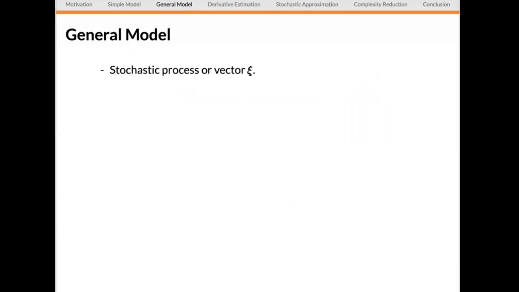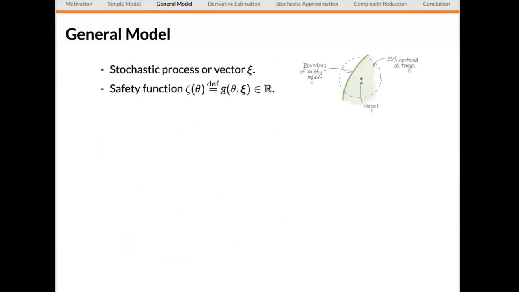Okay, so we're going to go now to the general model. The simple model was basically just to warm up on the kind of things that we're doing. So the general model has a stochastic process or vector. The safety function, again, is a real function, but it is a real function of this process.